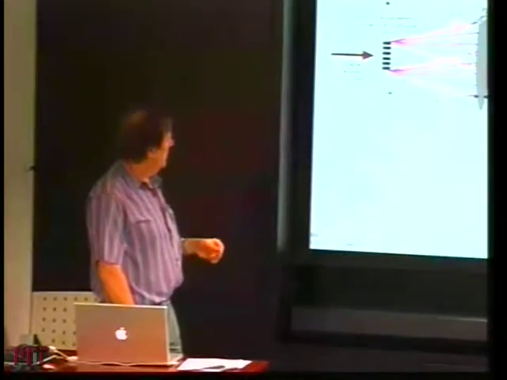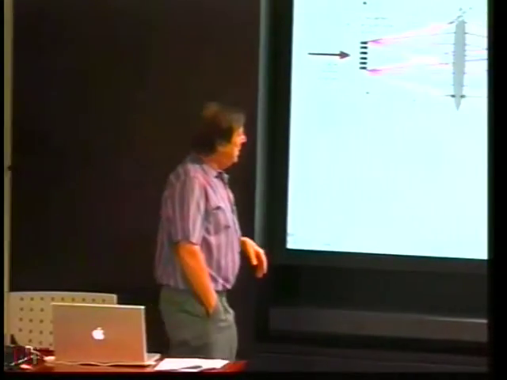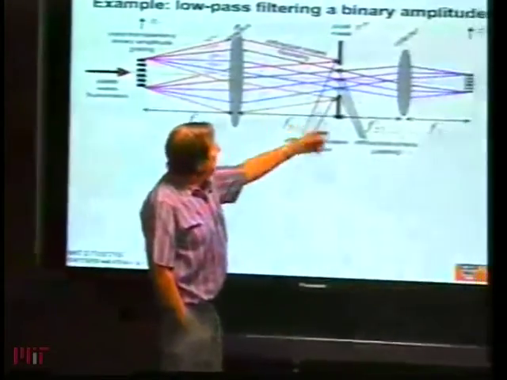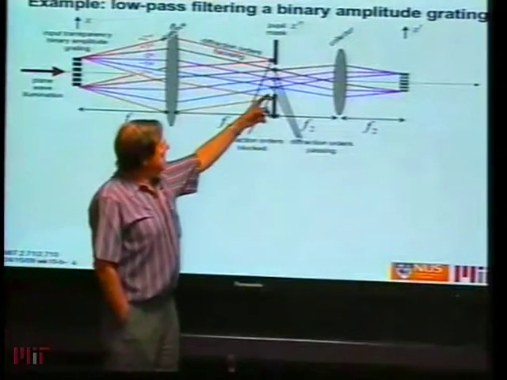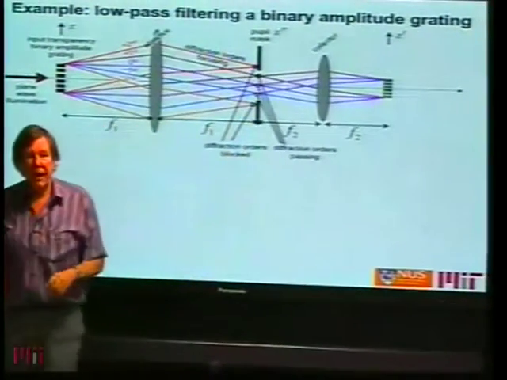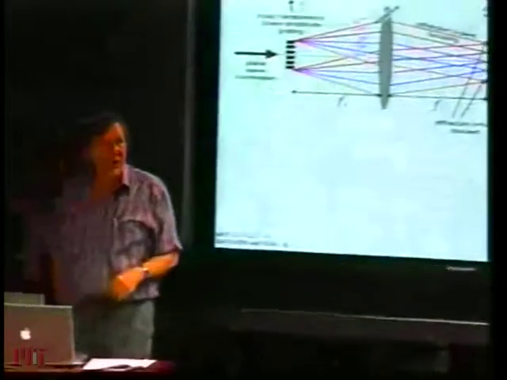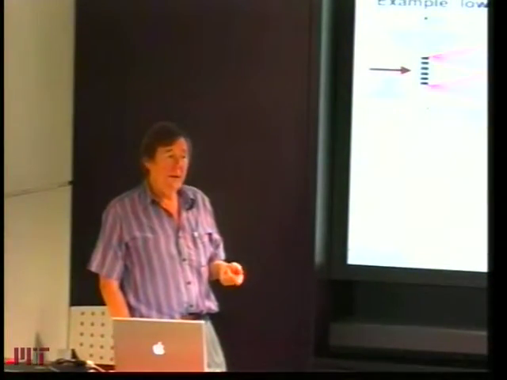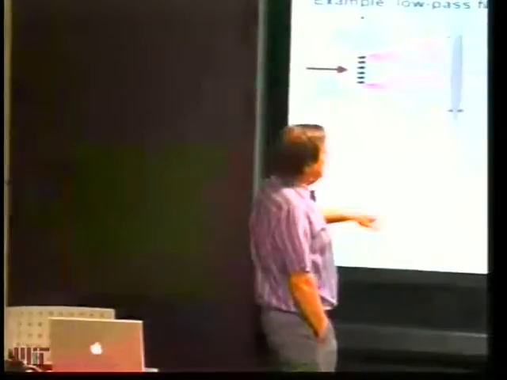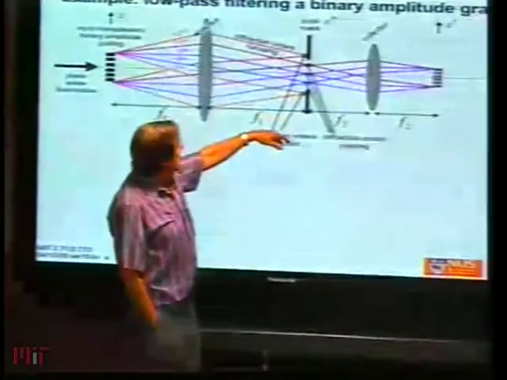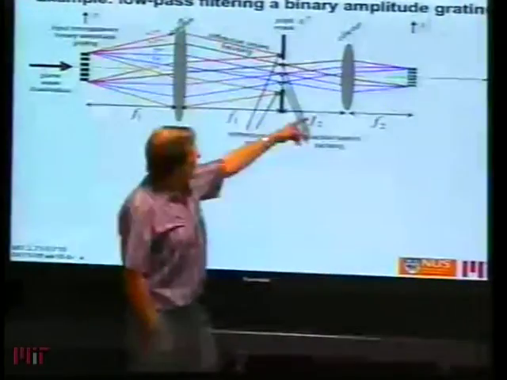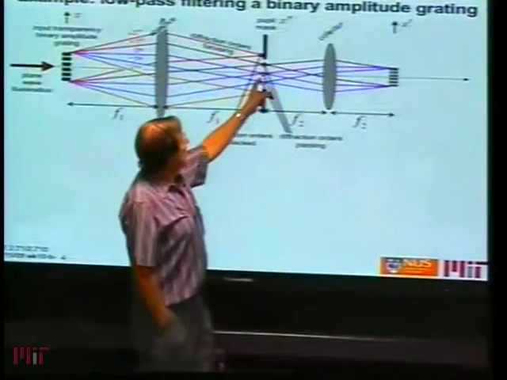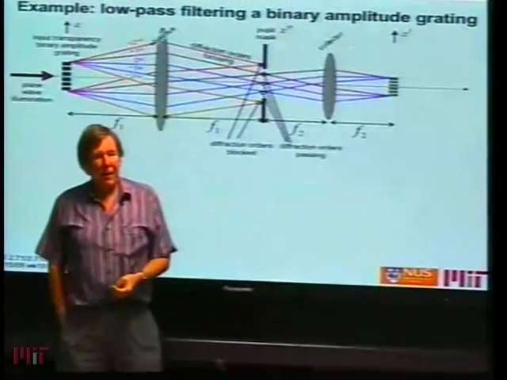So let's see what we're going to get in this case. In this particular case in the picture, the size of this aperture is enough to let through the central 3 components, the 0 order and the plus and minus 1 order, but it's stopped all the other ones. So what you'll see here is the Fourier transform of this. We've had this before.